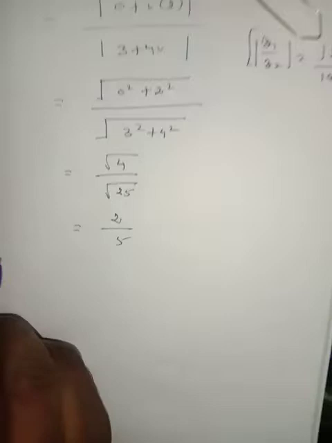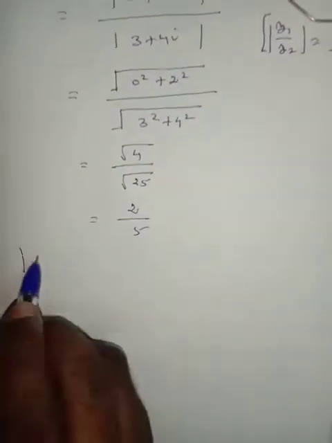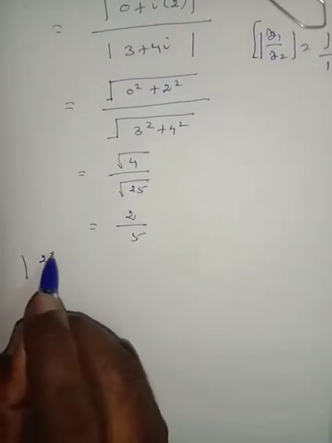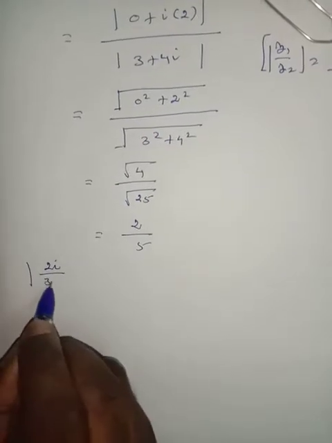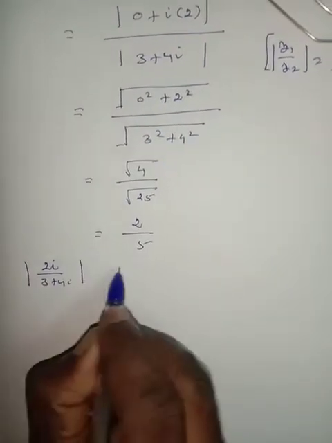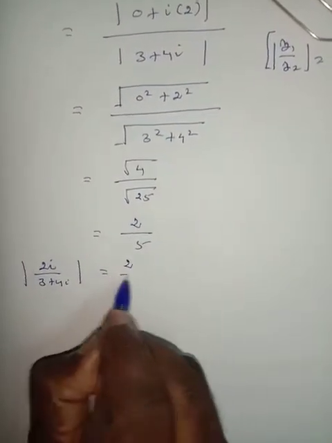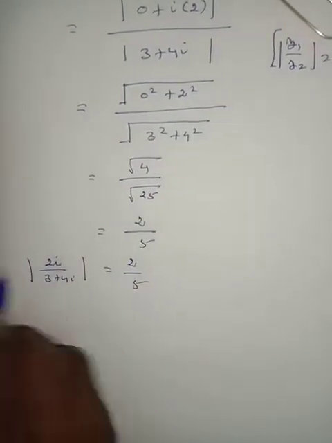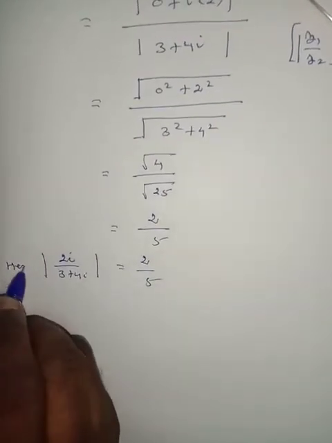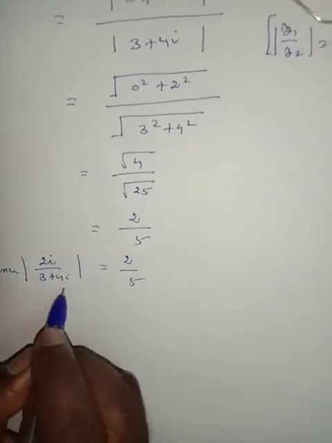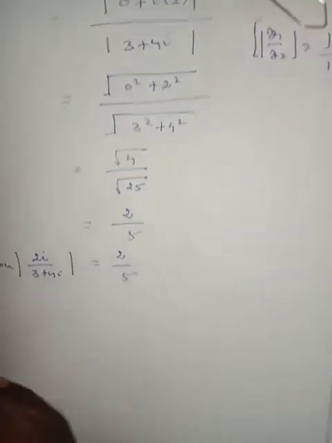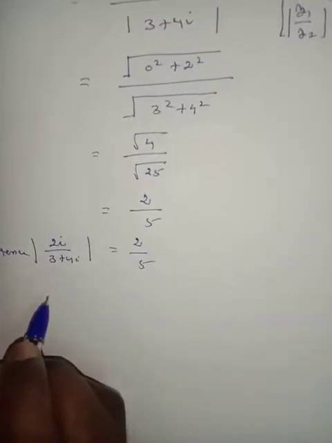The modulus of the given complex number 2i divided by 3 plus 4i is equal to 2 by 5. This is the answer.